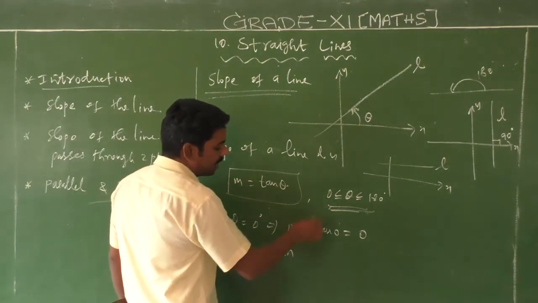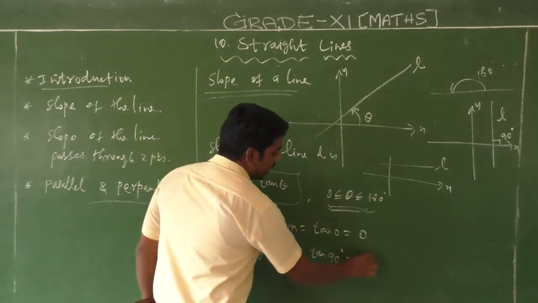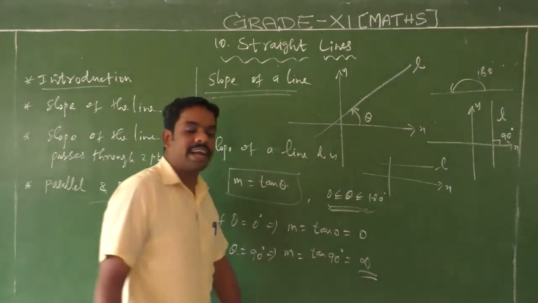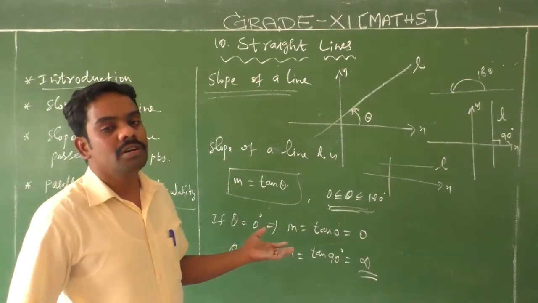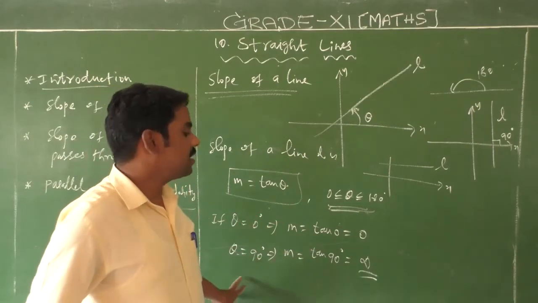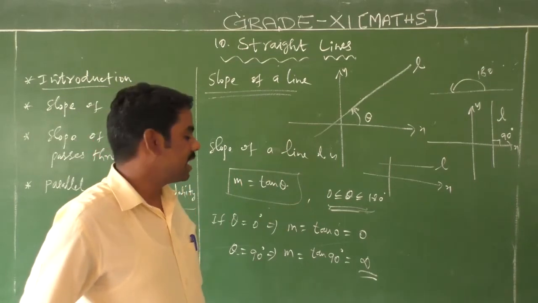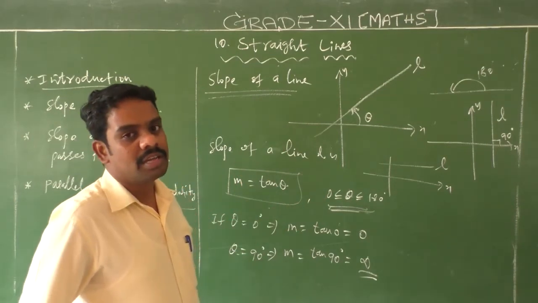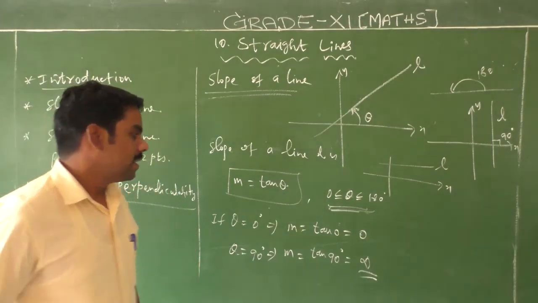Then the slope of the line m is equal to tan 90 degrees, which is infinite, that is not defined. If theta equal to 0, then the slope of the line is 0. And theta equal to 90 degrees, the line is parallel to the y-axis, then the slope of the line is not defined.